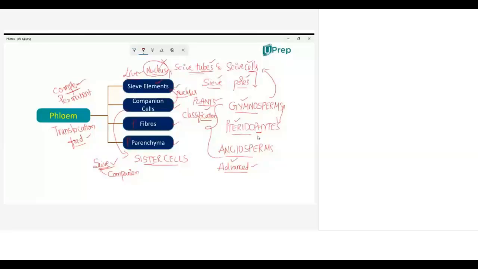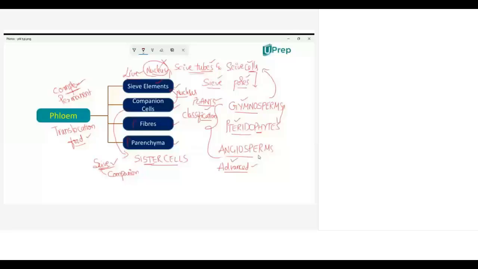You taught us these three plant classifications, and then you also taught us about the phloem. So how do these two things relate? Actually, phloem is a tissue which translocates food.